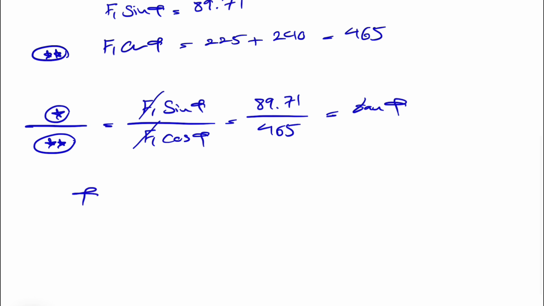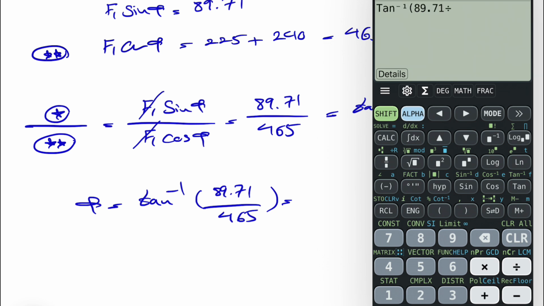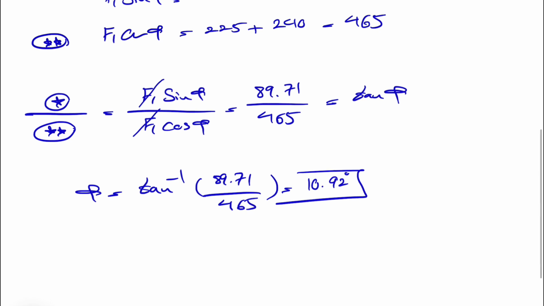So our phi would be tangent inverse of 89.71 over 465. Let's figure this out: 89.71 divided by 465, that's going to give us 10.92 degrees. That would be the first unknown.